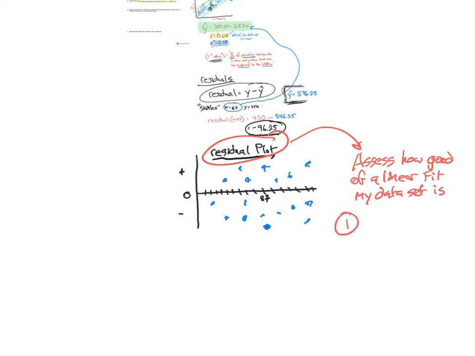Here's what we're looking for. For a good linear fit, we need no pattern in the residual plot.